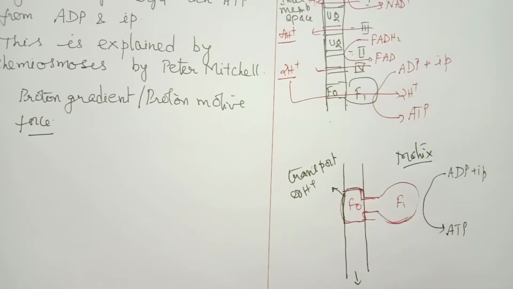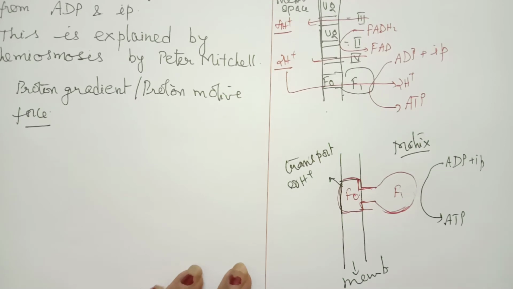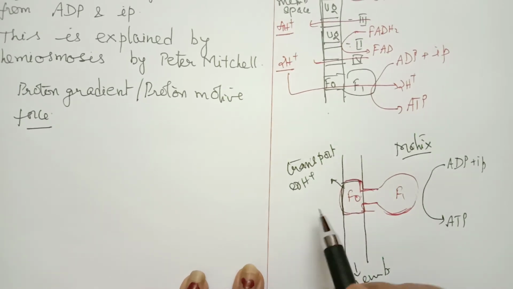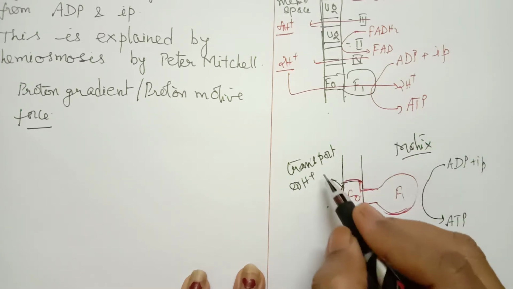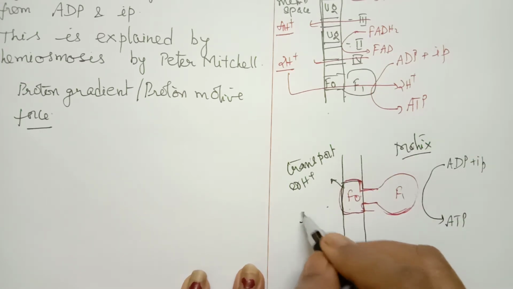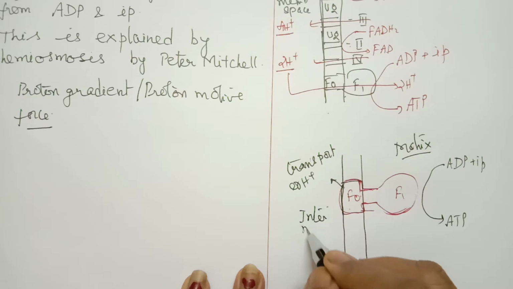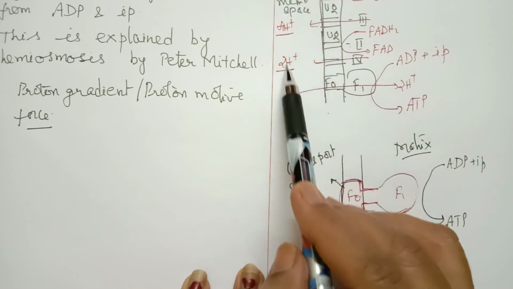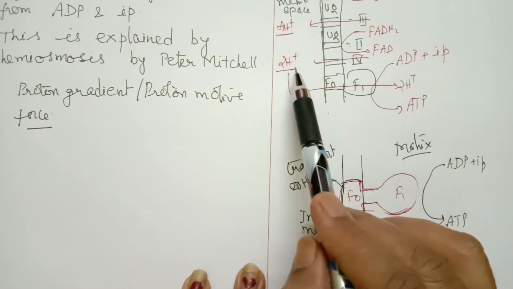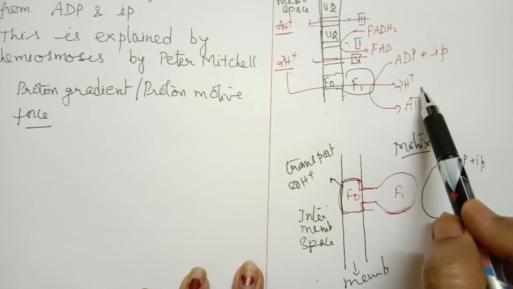This is the inner membrane, and this is the intermembrane space towards the inner side. The protons, as I have shown in this diagram, must move from the intermembrane space towards the matrix.